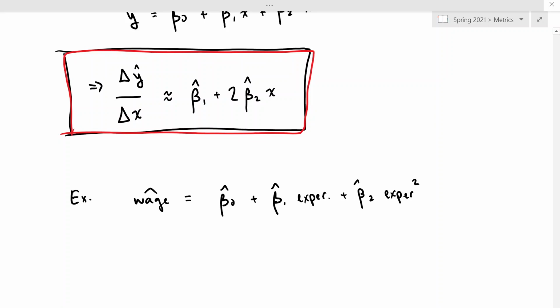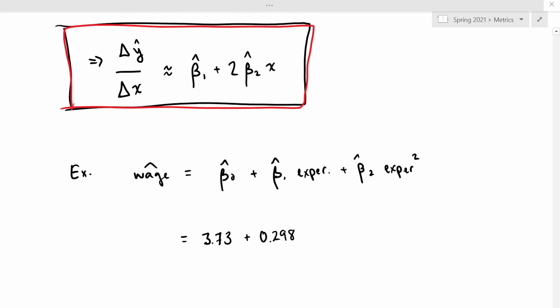When we estimate that, we'll get the following output. 3.73 for the intercept plus 0.298 times experience plus 0.0061 experience squared.